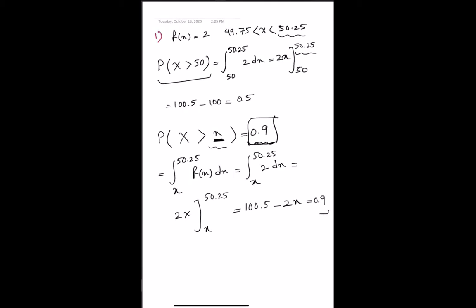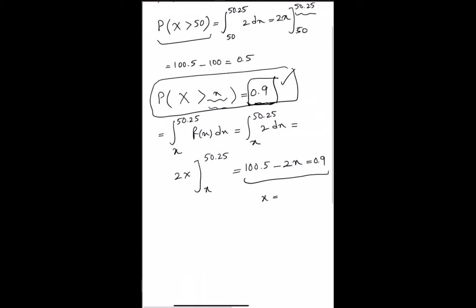If you do these calculations, you will find the value of x such that 90% of the packages have a weight greater than this number. I don't know what the value of x is, but just do the calculations and you find the value of x that satisfies this expression. Any question? Okay.